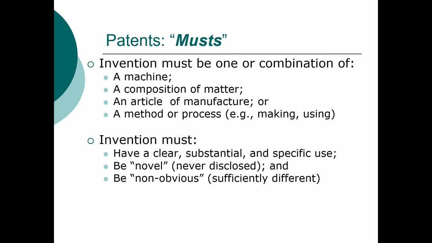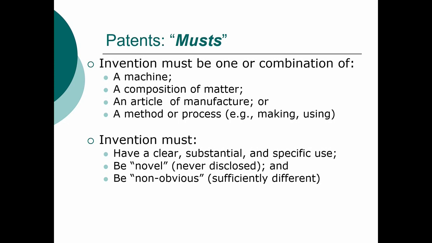It also must be what patent lawyers call non-obvious. Now, if you were to look up obvious in the dictionary, it would be a different definition than you'd find if you looked at what that word means in the patent dictionary. Obvious is something very specific. It's basically the quantum of difference between your invention and everything that was disclosed.